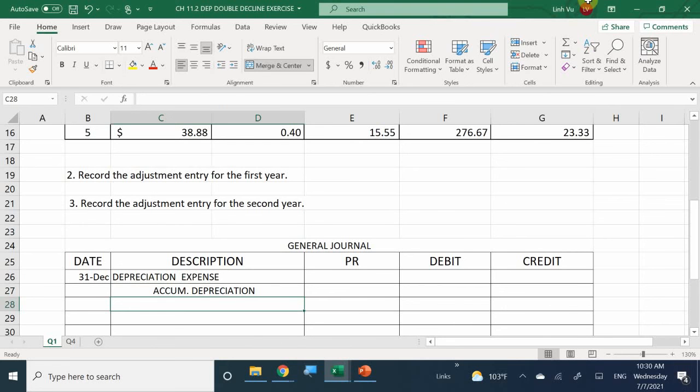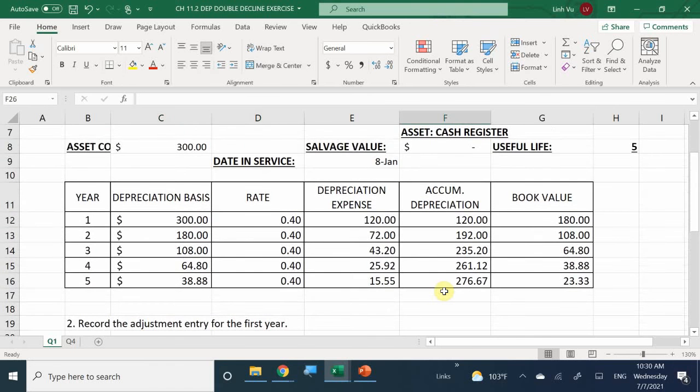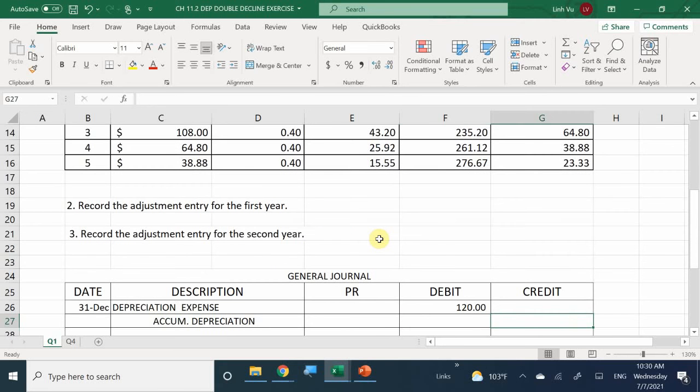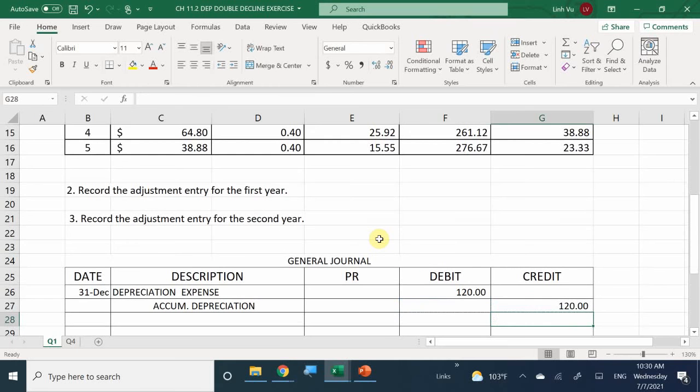Okay? And this time, for my first year, what amount am I going to depreciate it for? $120. Okay.